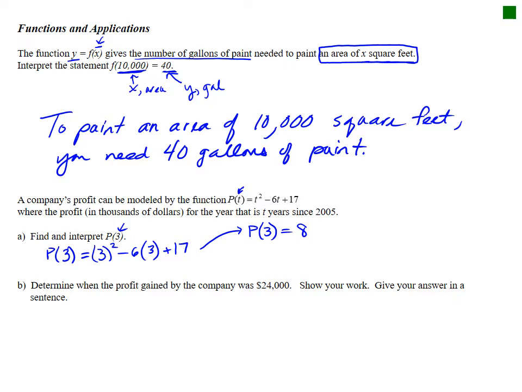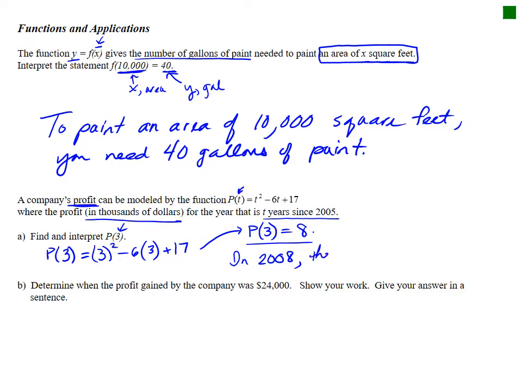If we want to interpret this, that's the next thing we need to do. We need to think about what 3 is and what 8 is. The 3 is t, and that's the years since 2005. Well, for 3 years since 2005, we are in 2008. And then remember, the function is calculating profit, and it's profit in thousands of dollars.